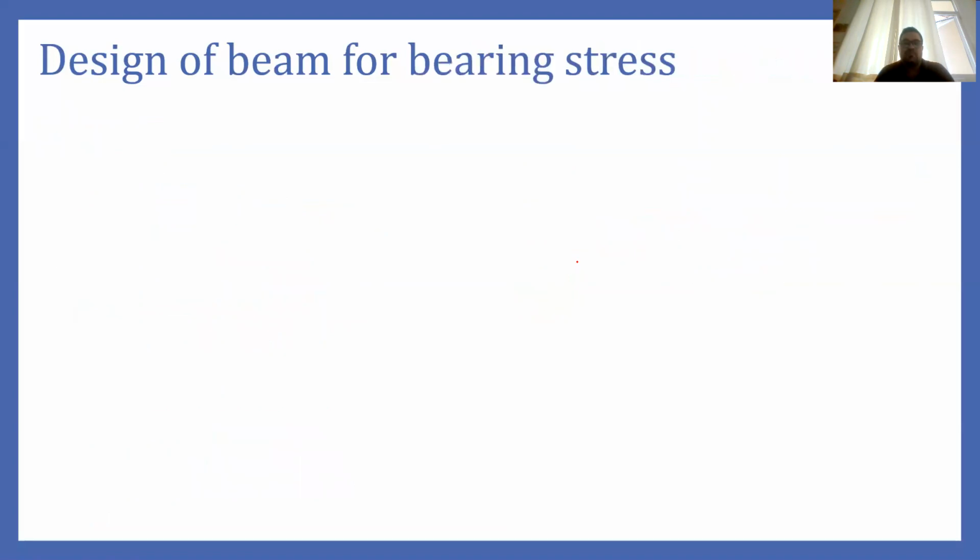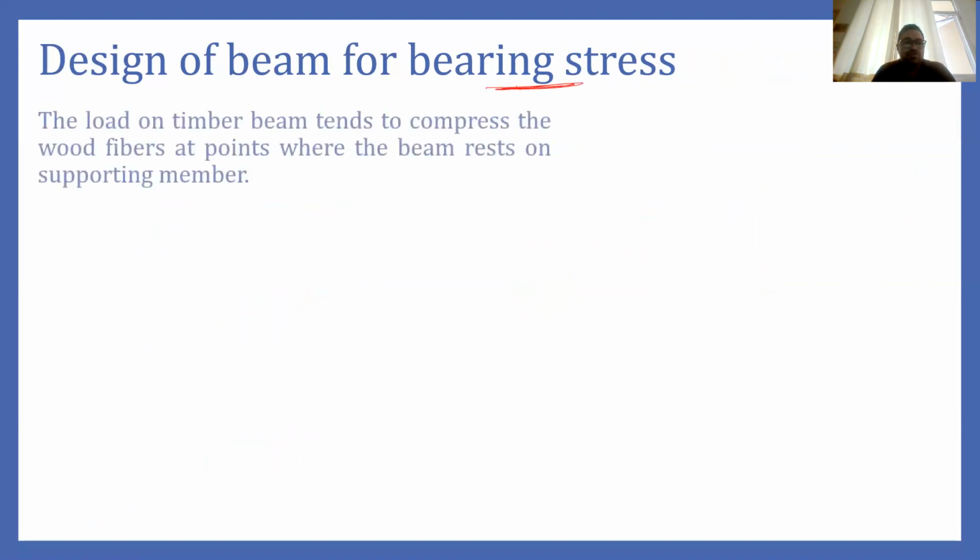Now we will move to the next criteria in which we have to satisfy our beam, and that criteria is bearing stress. What is this criteria, we will try to understand here in detail. Say for example, if this is the beam and these are the supports, and it is subjected to this UDL, which is a downward load, and because of this UDL, reaction is generating at the support.